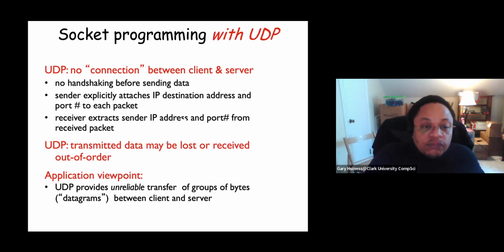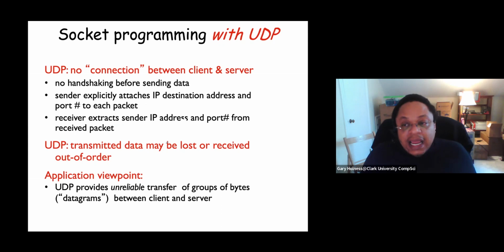And so UDP, as we said, has no connection. The connection establishment that we talked about for TCP is the querying of the server as to establishing the resources needed to engage in its responsibility for reliable transport.